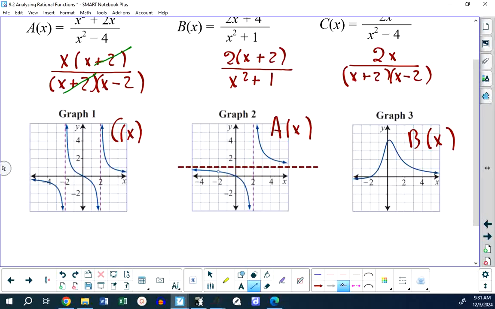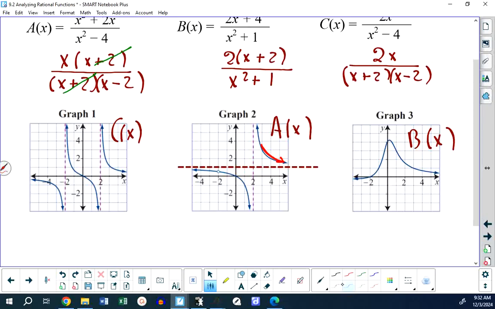And the reason it's a horizontal asymptote is looking at this part of the graph, as x gets closer to infinity, y settles down to some number. It's opposite of a vertical where x is getting closer to some number and the graph takes off to infinity. X is approaching infinity and the graph settles down.